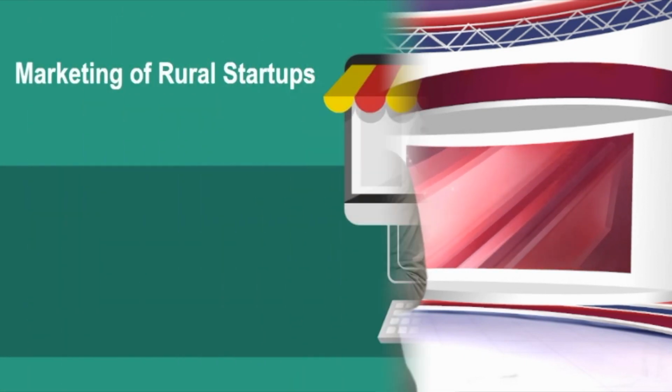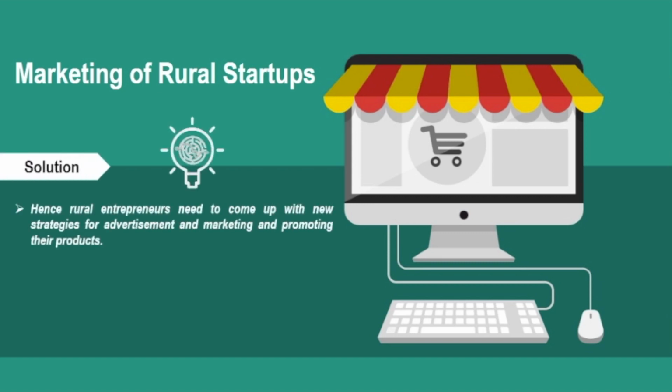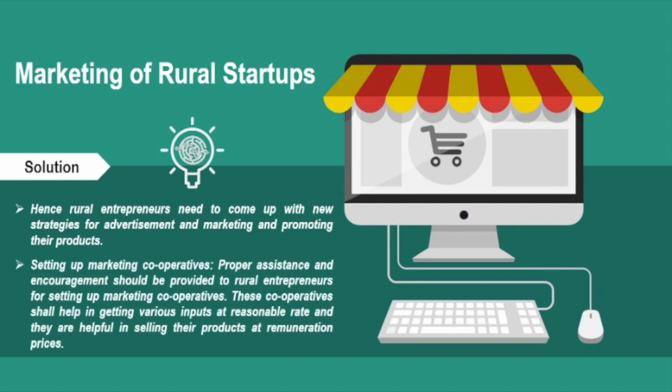Now the solution for this is that the rural entrepreneurs need to come up with some new strategies for advertisement, for marketing and for promoting their products. One method is setting up of marketing cooperatives. For this, proper assistance and encouragement should be provided to the rural entrepreneurs for setting up marketing cooperatives.